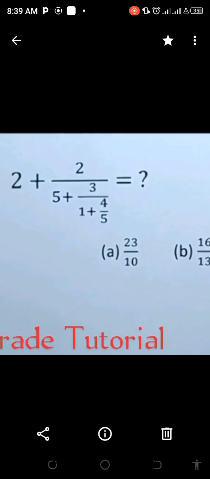Now, this is another question. There are enough questions for you to assess yourself, to test yourself whether you understand the tutorial on ladder fraction.